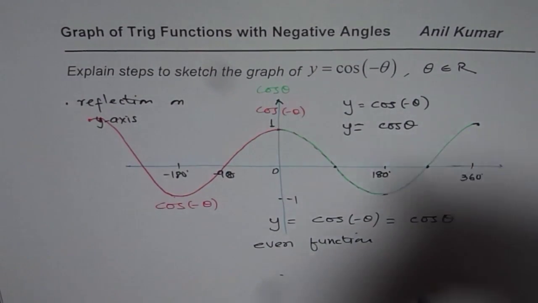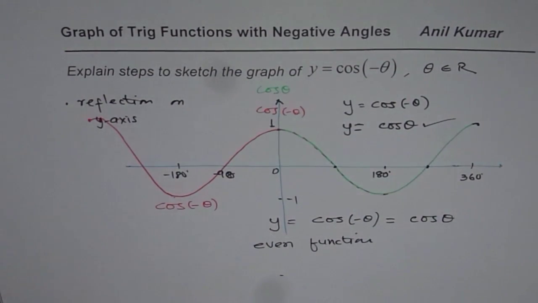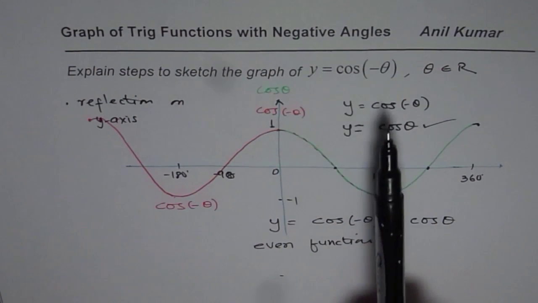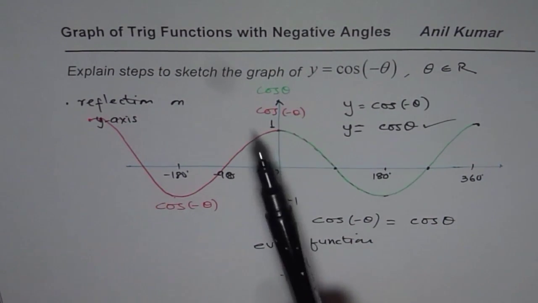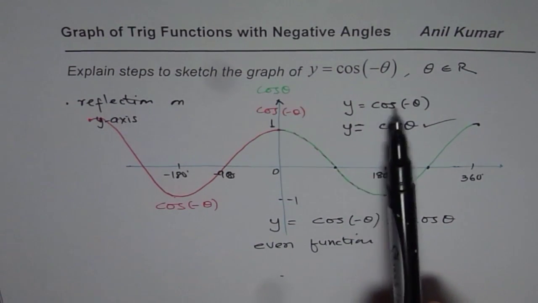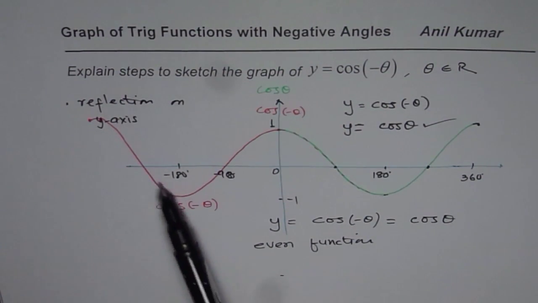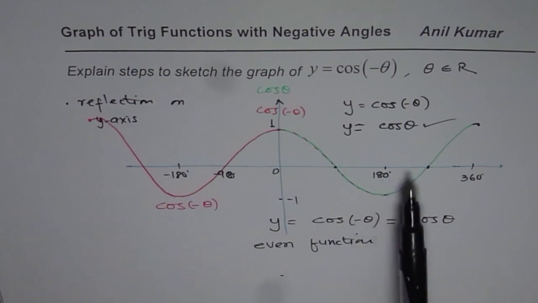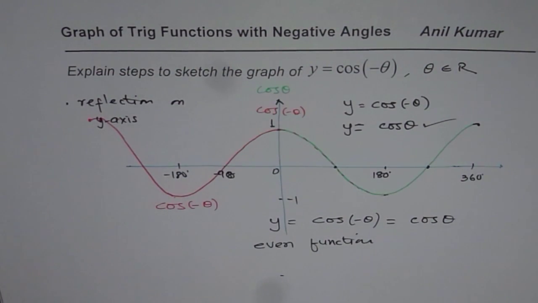That is what I recommend, unless we have to show all the steps in some restricted domain. Then it's a different story. But generally, cos of minus theta is cos theta, and what you get is the basic primary cosine function as shown here. I hope you appreciate.